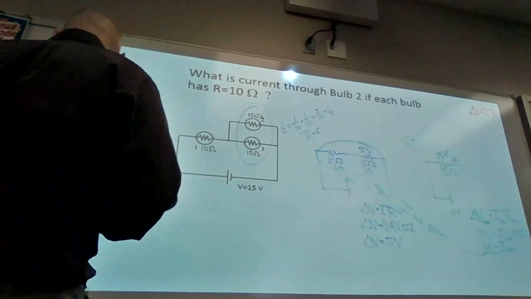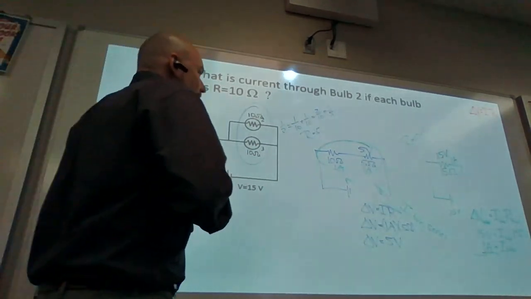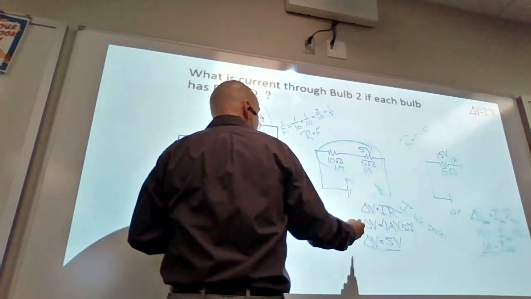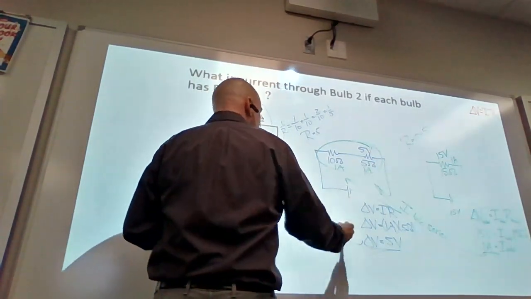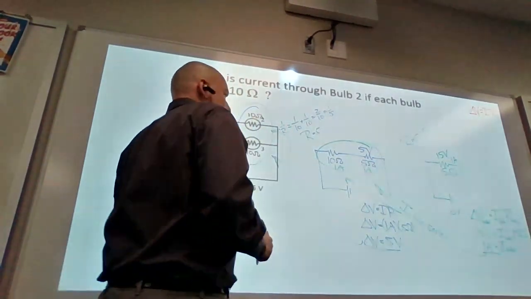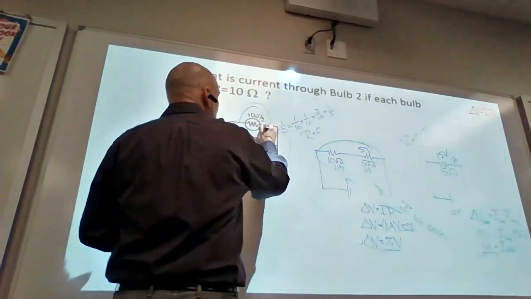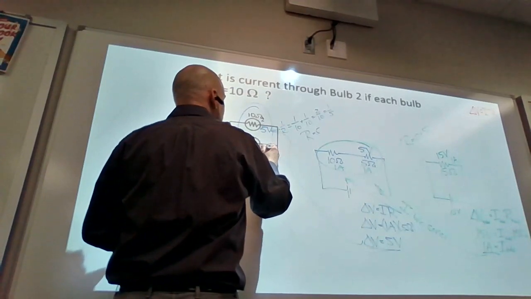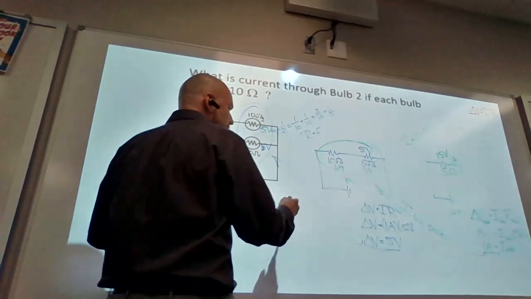Okay? So the voltage that I calculated across this is going to be the same as the voltage across this one and that one. So I've got 5 volts across this and 5 volts across that.